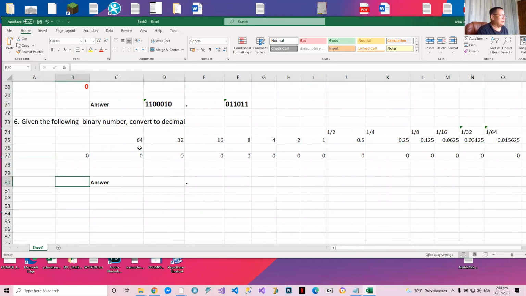Because our answer should be in decimal. Okay. This will be our answer here. We will bold this.